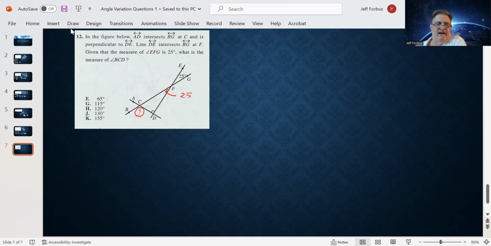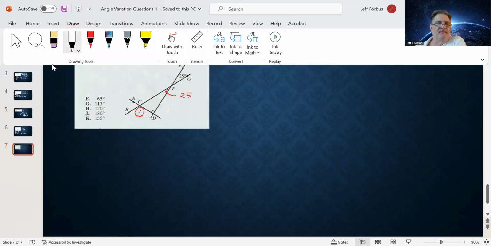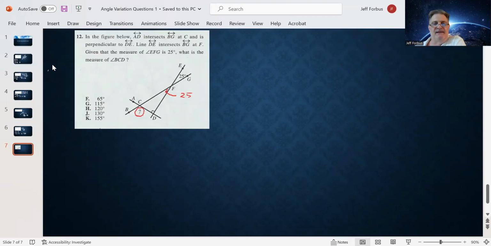Now, we got a 90-degree angle in there, right? So we can say, let me change my pen tip. We can say the 90 plus the 25, that's 115 degrees that we know of. So you know that you can subtract that from 180.